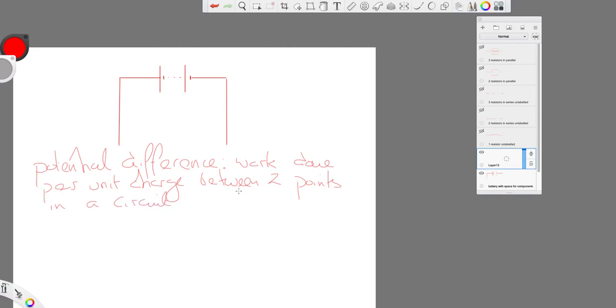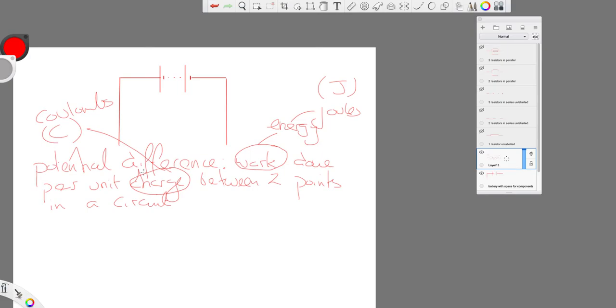So it's work, and work of course is energy, and so it's measured in joules. And charge, well, that's measured in coulombs. That's a lowercase c, by the way.